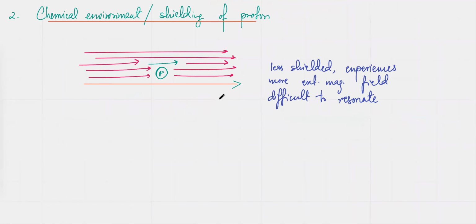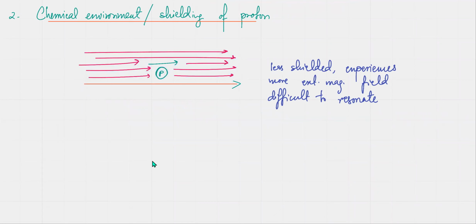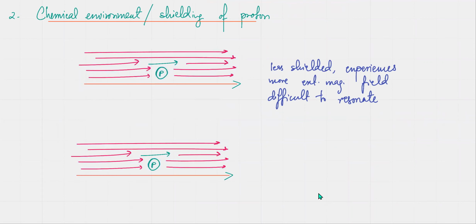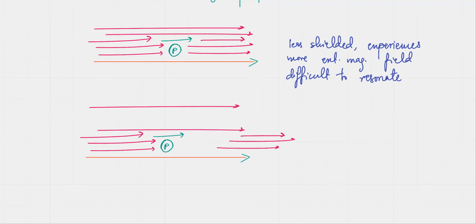But then there's another one. There's going to be another type of proton, and in that case, let's say that proton is not as exposed as this one. What I mean by that is a lot of times hydrogen has an electron around it. What does that electron do? That electron would, in a way, kind of deflect the magnetic fields. And let me just draw that completely.